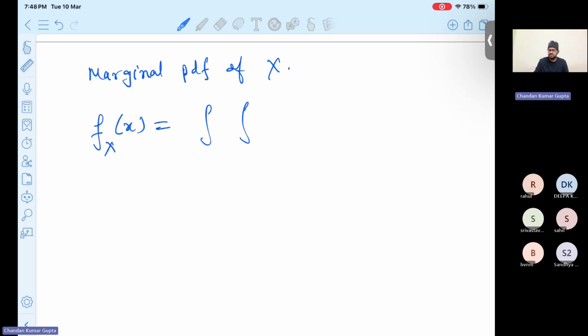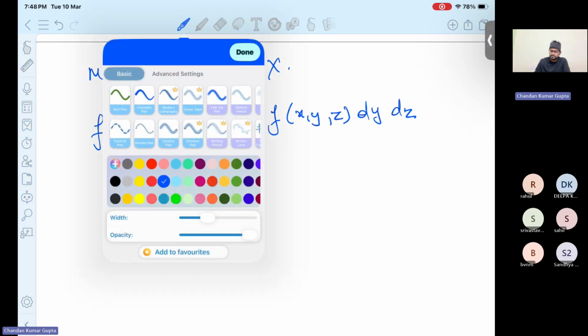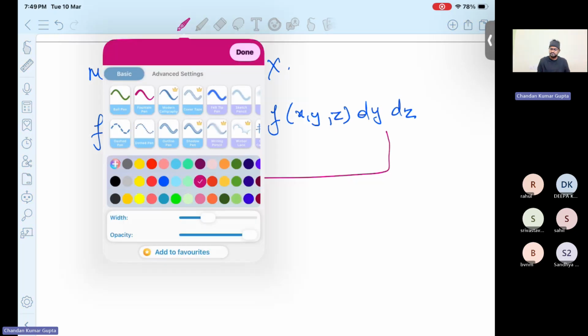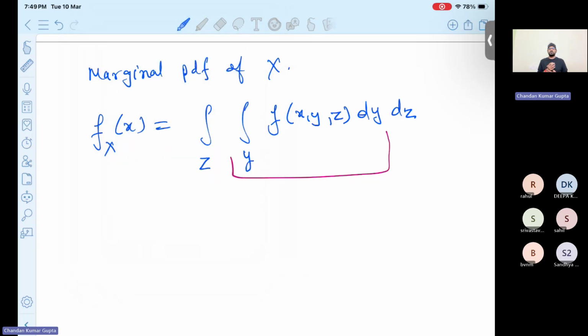X. So that means we have y, we have z. Here f(x,y,z) dy dz. Okay, the first thing, this y comes out to be this, and then the dz. Hope this formula is understandable.